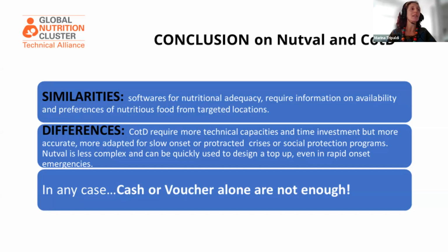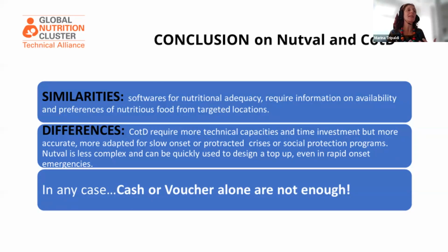CVA alone, there is clear evidence from the wider experience of the practitioners. CVA alone will not be enough. It's very important that we understand what are the other barriers, not economic barriers, to undernutrition. And we understand, in terms of nutritional adequacy, what are the food preferences, what is the food availability.